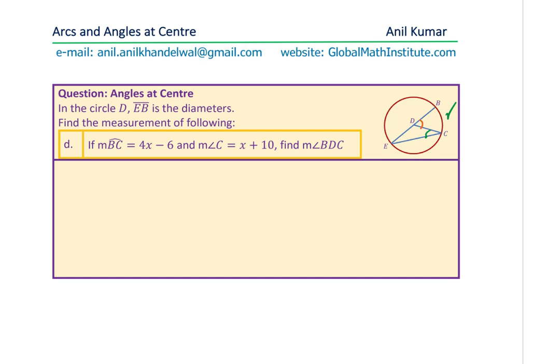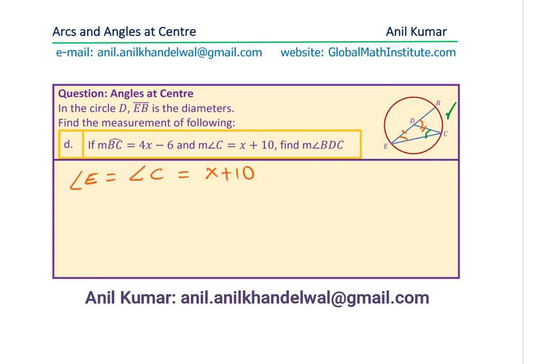Okay, so this is very clear. From here we know this is an isosceles triangle, so we know that the angle E should be equal to angle C, right? And angle C is given to us as x plus 10. We also know that angle E is half of the measurement of BC.